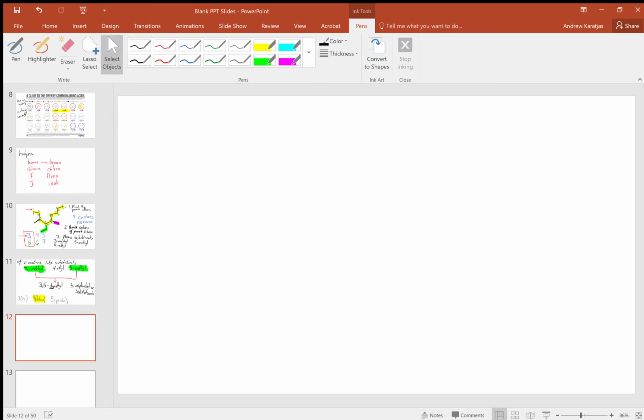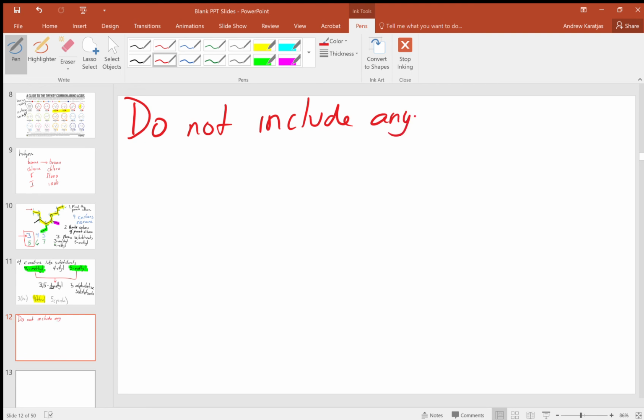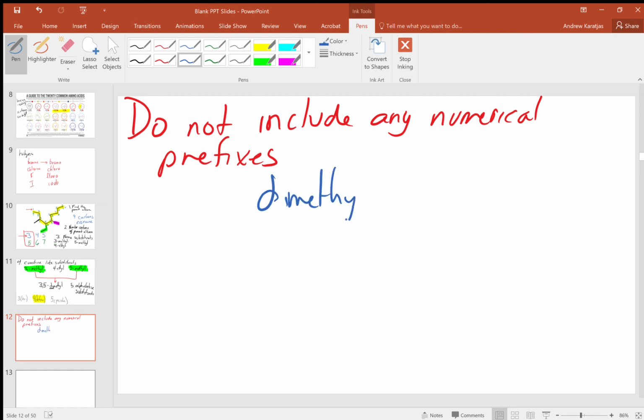When we alphabetize, do not include any numerical prefixes. So dimethyl, if you're alphabetizing that, goes under M, not under D.